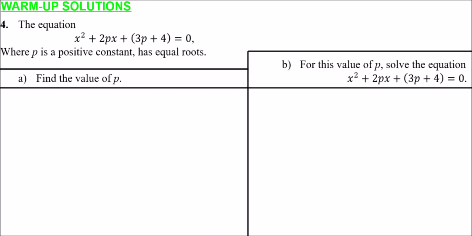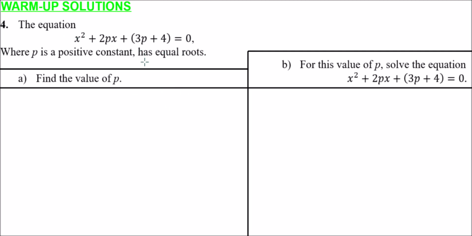For question 4, we've got this equation here, and it says p is a positive constant, so important p is positive here, and it has equal roots. And so it's a quadratic equation, and we're told about the roots. So we need to recall what particular property of a quadratic tells us about the number of roots, whether it be equal roots, 2 distinct roots, or no roots.